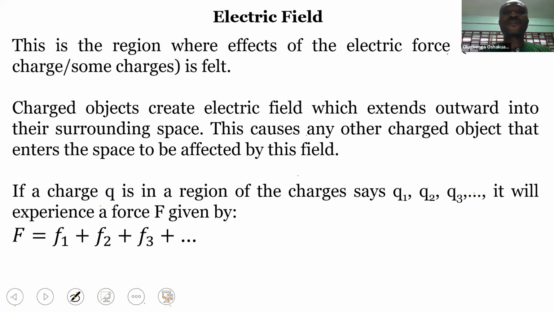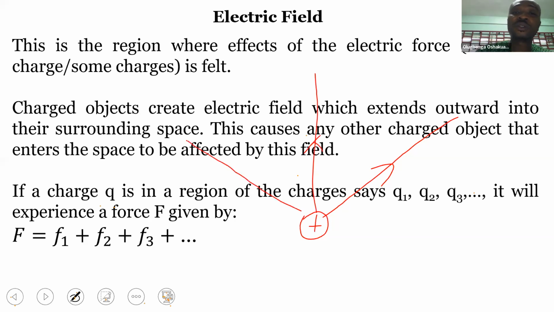So for an electric field to exist, we should have at least an electric charge, and we know the properties of charges. So when we have, let's say, a positive charge, we should experience a field around it. And this should be familiar to you.